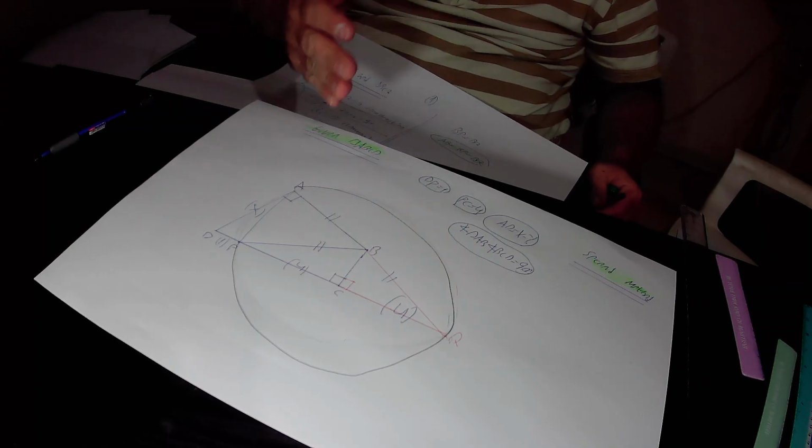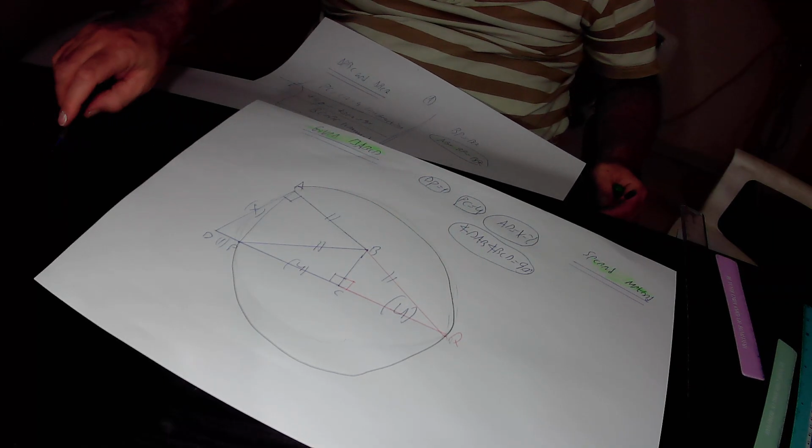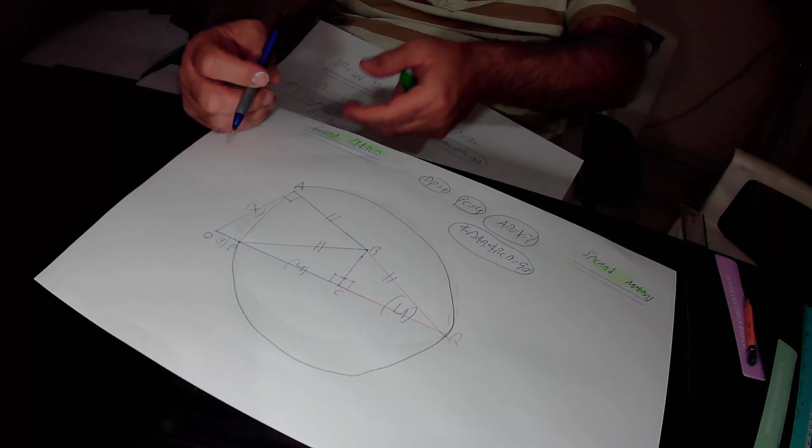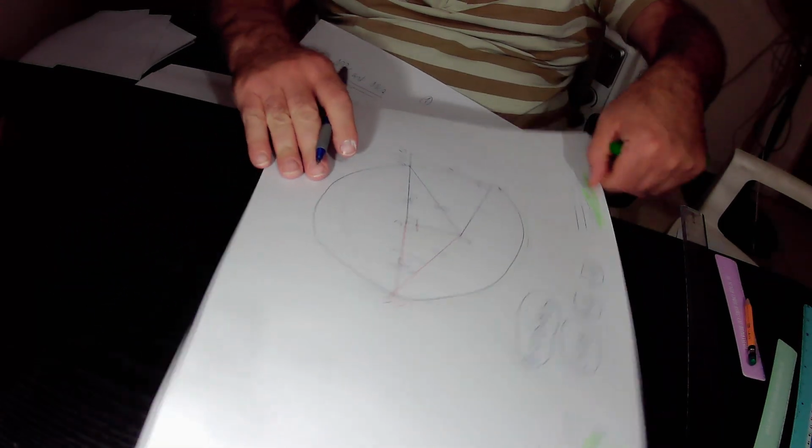So we define the radius of this circle as R. So AB is the radius of this circle. This equals R according to our construction.